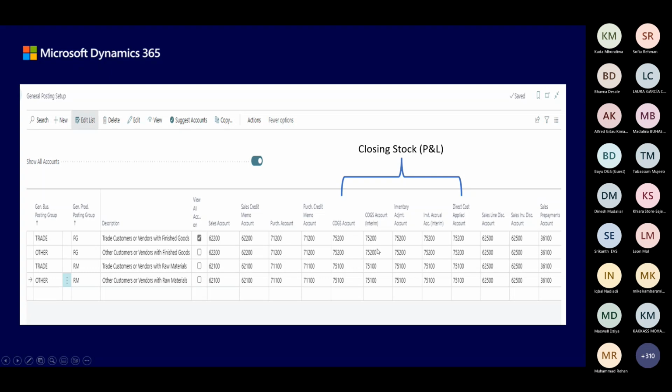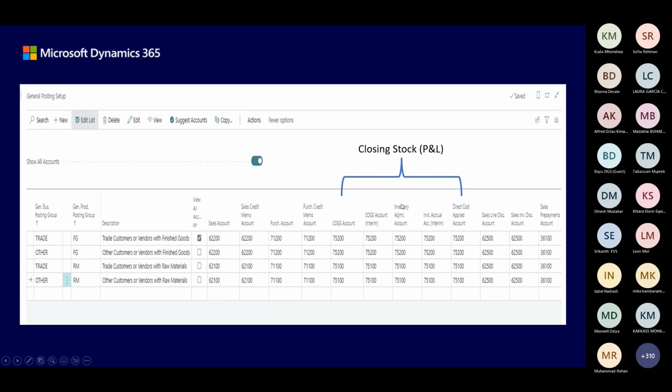That possibly helps with analysis. But for me, I just tend to put it all into one account, and then I'll use dimensions to classify if I want, or you can use different accounts.